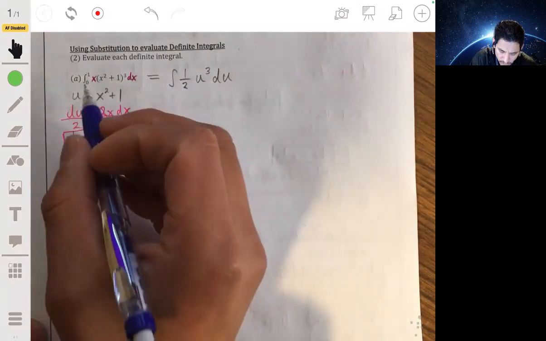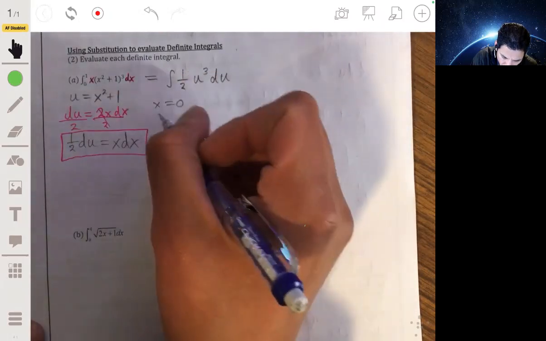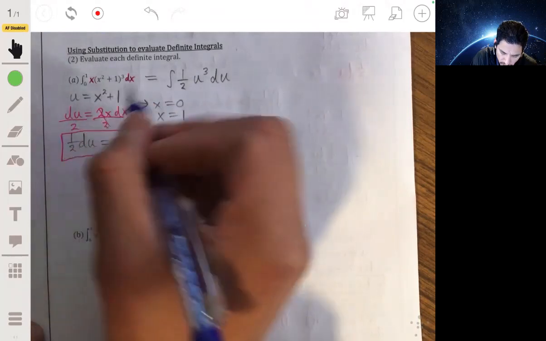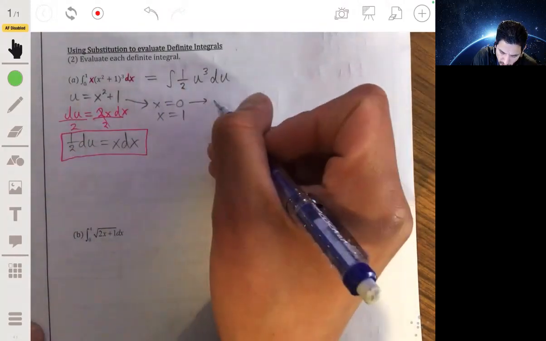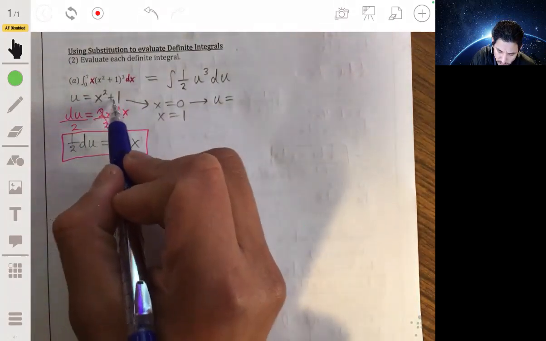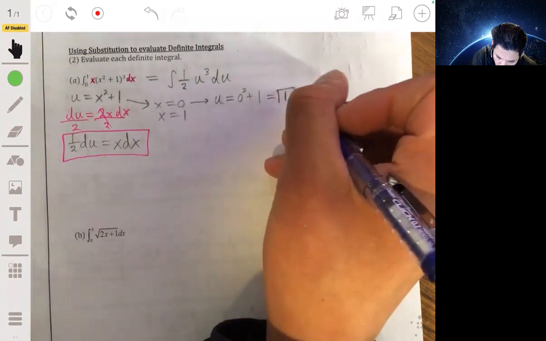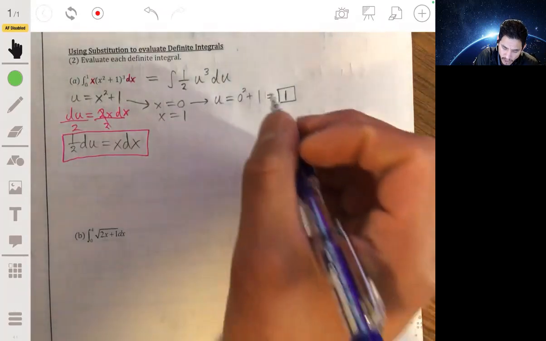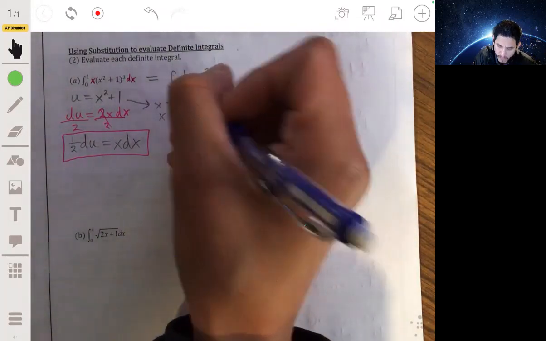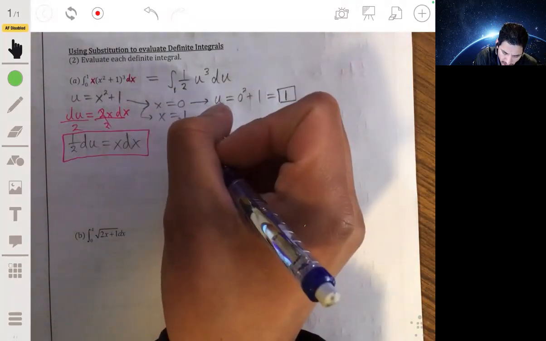So what I mean is that here we have x is 0, and here we have x is 1. And so if we use the formula u equals x squared plus 1, when x is 0, that means u will be 0 squared plus 1, or u will just be 1. And so then we can rewrite this bottom endpoint as 1, and then we evaluate it for when x is 1.